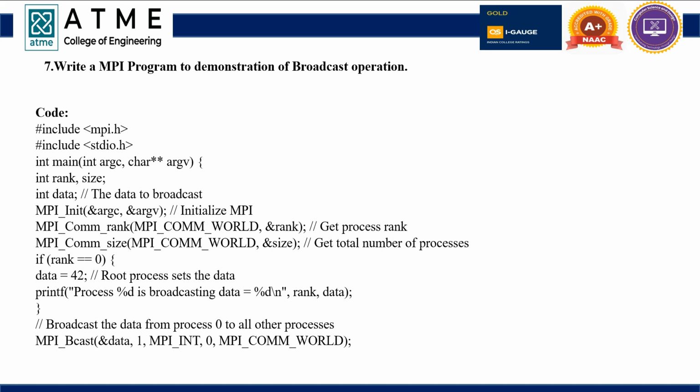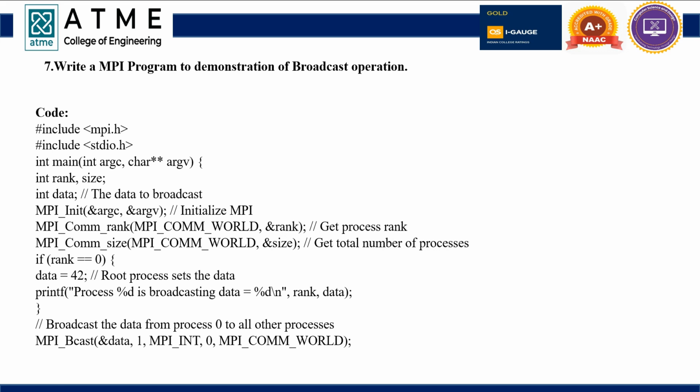Now, let us see the code of the program. Here we are including the header file for MPI functions and the header file for the standard input output functions. Now, int main(int argc, char *argv[]), and we initialize rank and size as integers.